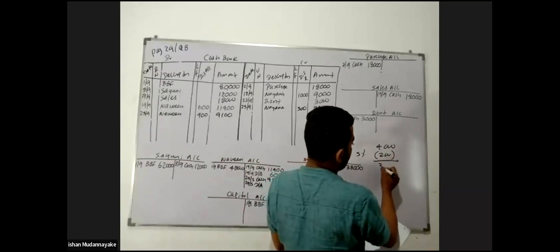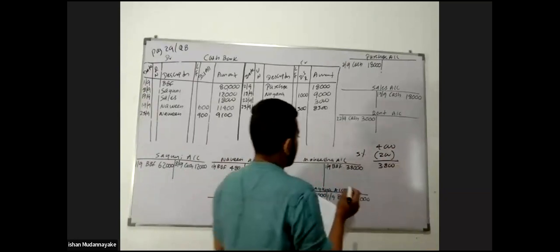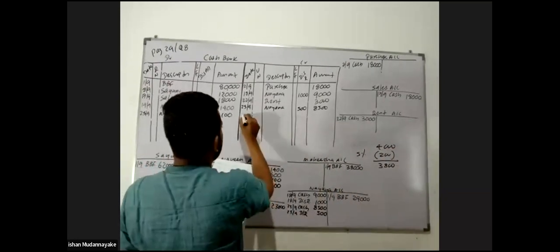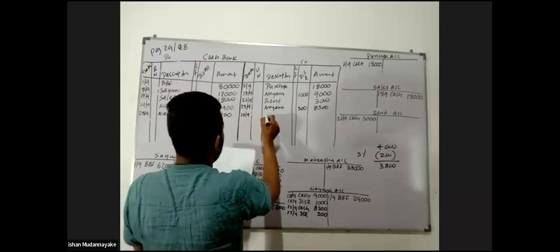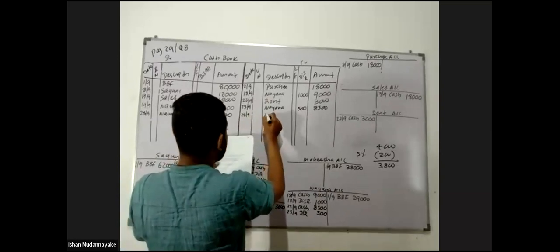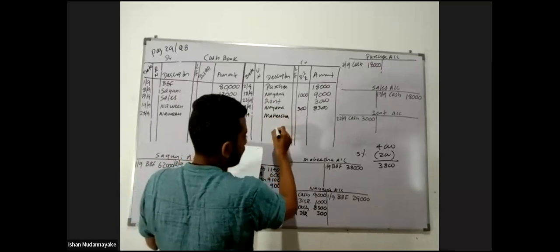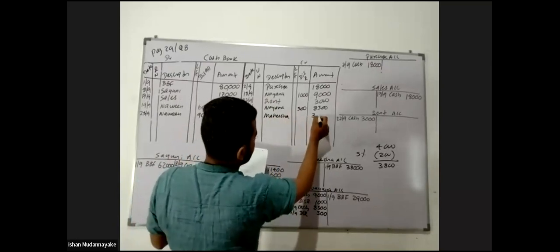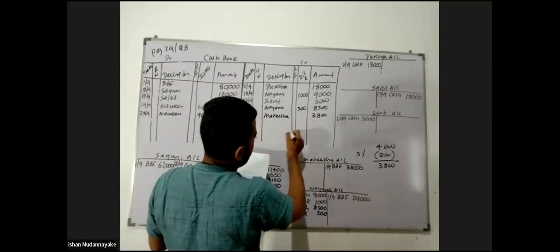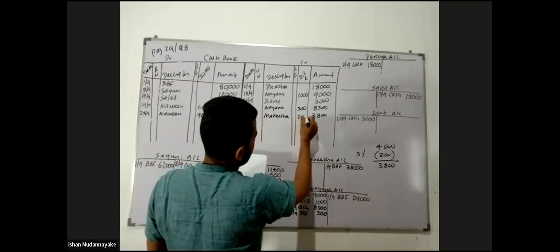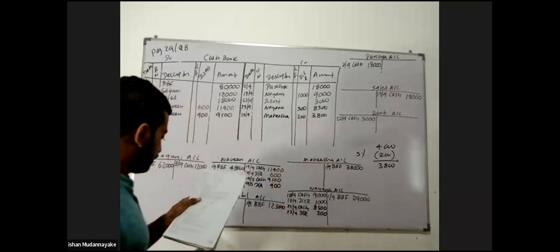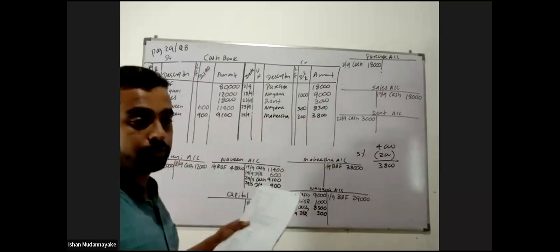Then cash paid amount 3,800. So here, 28th September, Mahisha: cash paid amount 3,800 and then discount received amount 200. Right. That is question number 8.